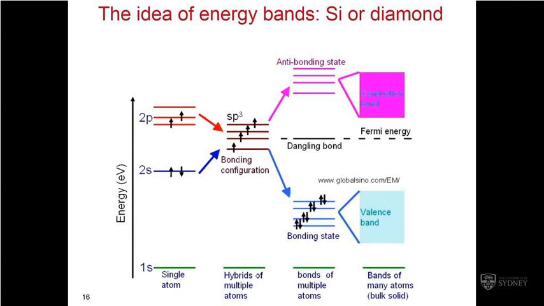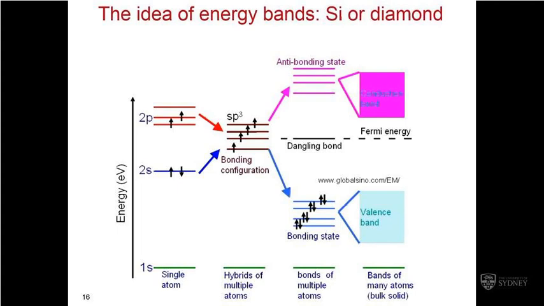Now, in silicon or in diamond, what actually happens is that the s and the p electrons already hybridize with each other, and they form what you call sp bonding. And this is where the 4 electrons are occupied, in these sp bonds.